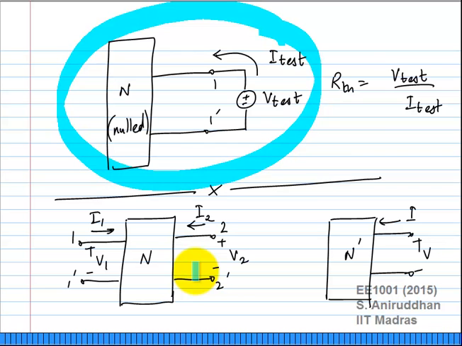Now we have a two-port network, so you can fix certain quantities, vary certain quantities. How many such combinations are there? Assume that this network consists only of resistors and control sources. We will do the same thing we have done before.